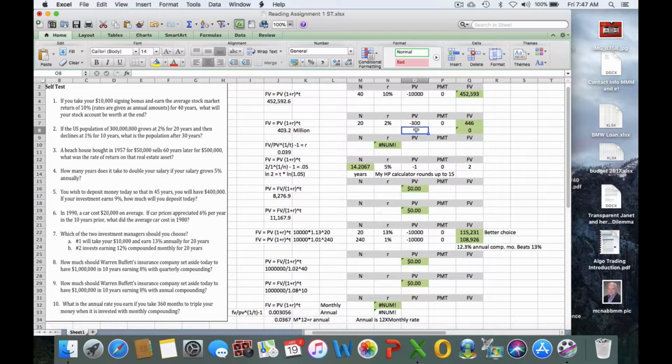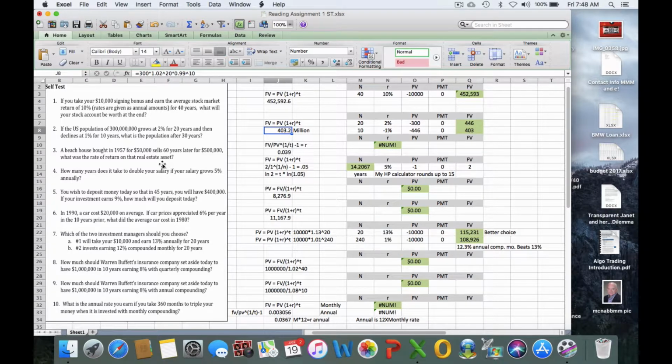That number, the 446 million, becomes an input to the next part of the problem, where you have 10 years of a negative 1% rate and no payments again. Now, it's easier to do this way with the formula because it's just chain multiplication. It's 1 plus r to the 20th year, 102, and 1 plus r is negative, so it's 99% instead of 1.0, which is 100%, to 10 years, so 403 million.